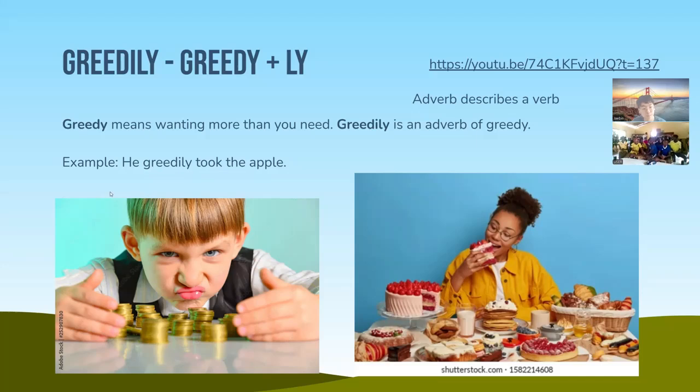For example, he greedily took the pie or took the apple. So greedily means really wanting something, but more than that: wanting more than you need. And this is what is used in the story.